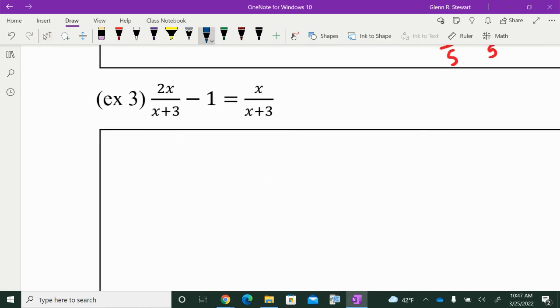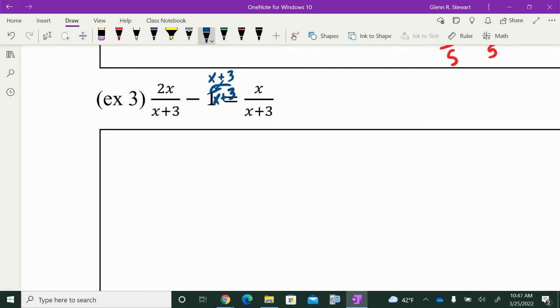Okay. Now I need a common denominator. So this is 1. I'm actually going to multiply 1 by (x plus 3) over (x plus 3). Apologize for the little bit of a lag that I have. And now I can combine everything into one fraction.